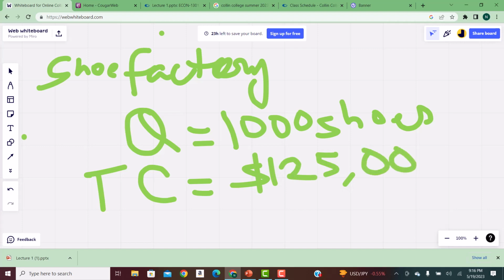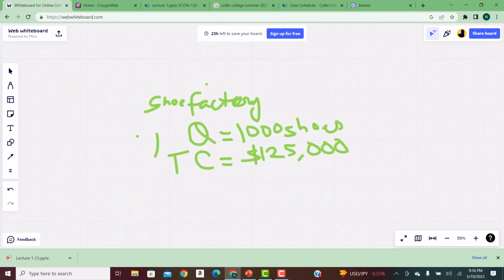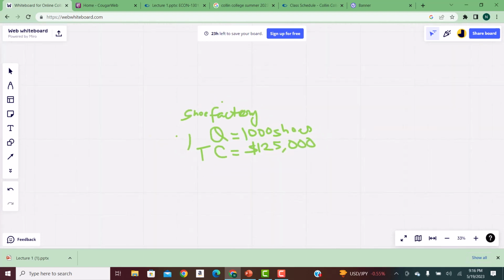Now let's say in the future, after the marketing department sees that there's more demand for the shoes, the factory decides to produce more units in the output.